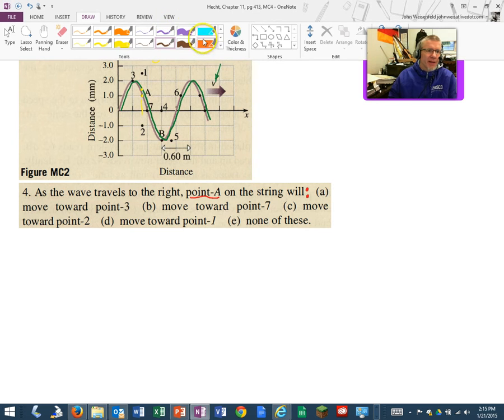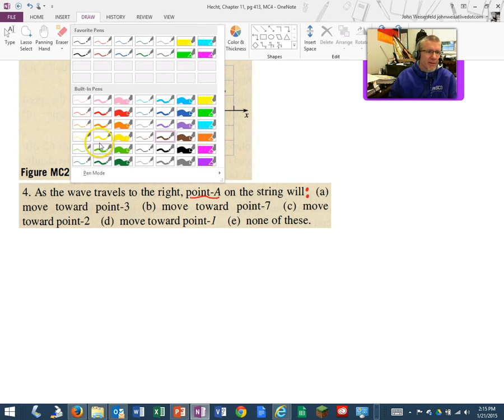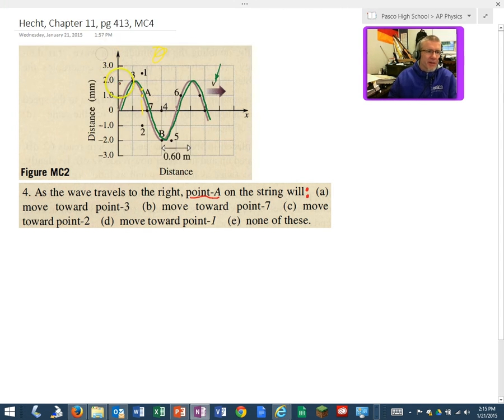Brown is too much like that other color in the drawing. If you imagine point A is actually tied to this position on the medium, then this position is moving up in time, so it's moving towards point 1. Point A moves towards point 1.